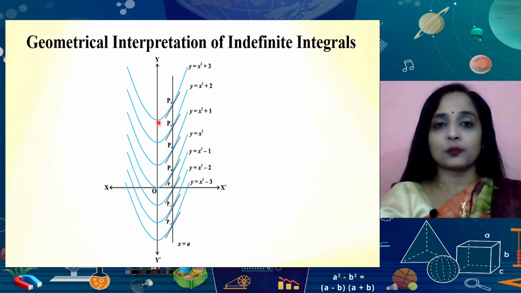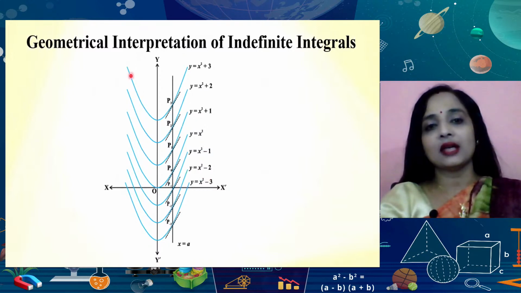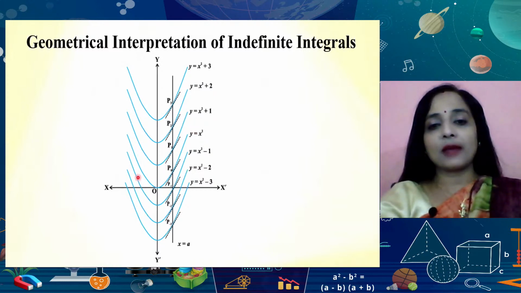And the same process can be used for getting the graph of y is equal to x square minus 1, x square minus 2, x square minus 3, and this process is infinite. And all these blue parabolas are the family of parabolas y is equal to x square plus or minus c.